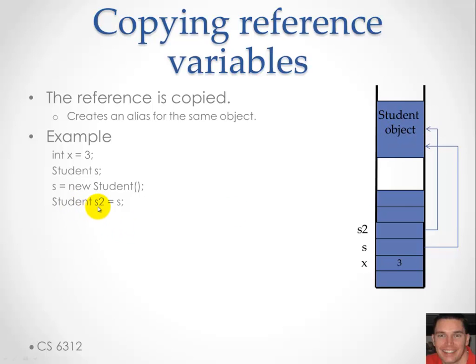Then when I say s2 equals s, that memory address gets copied here into s2, so the s2 now points to the exact same object. So s and s2 both refer to the same object now because we copied that reference value.